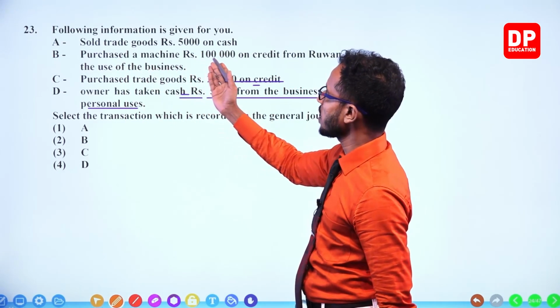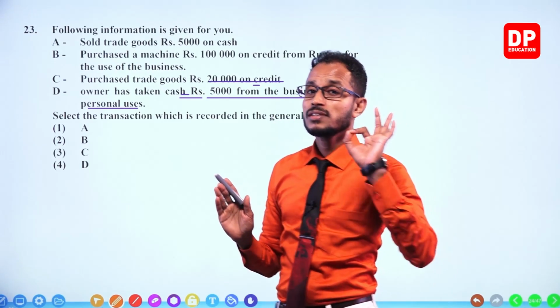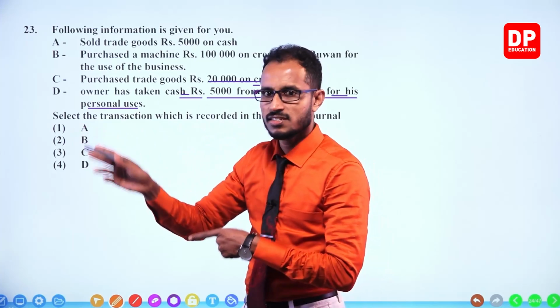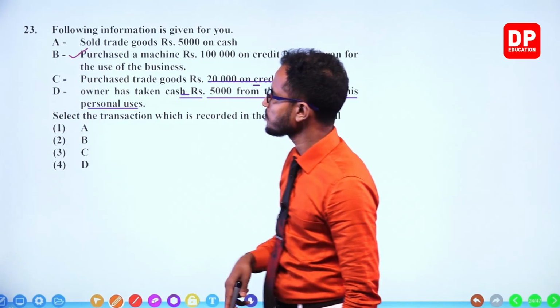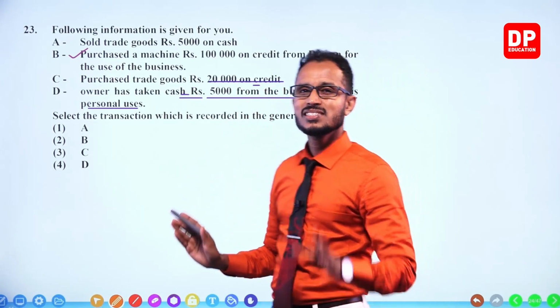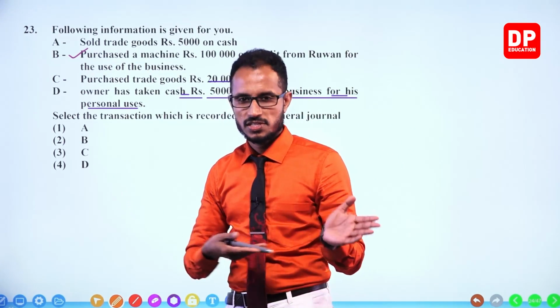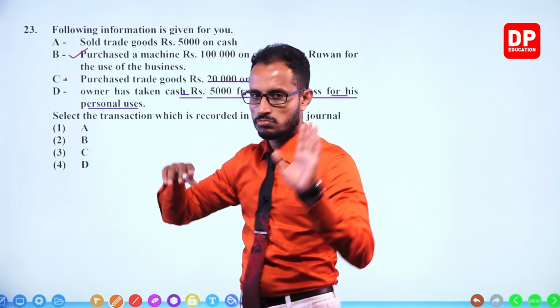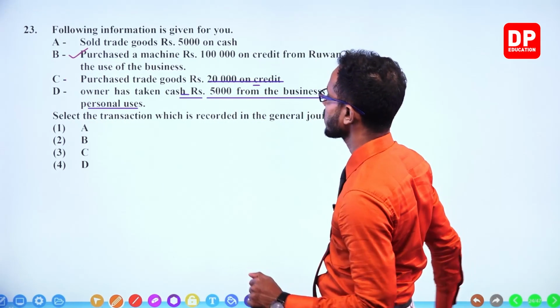Purchasing machine 100,000 on credit. That is not trading goods. It's a non-current asset. So it goes to the general journal. Purchasing trading goods on credit. Purchasing goods goes to the purchases journal. So no, not to the general journal.